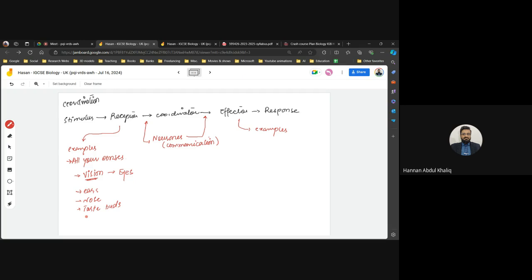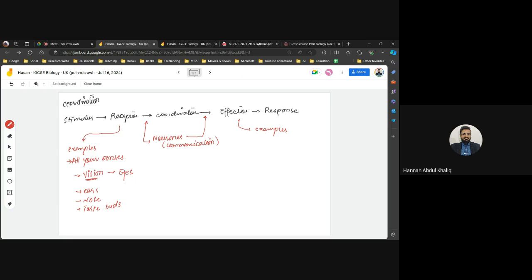Even we have some other chemical receptors. See, chemical receptor is a general terminology. Chemical receptors can be found at many locations in our bodies. Like oxygen receptors are also chemical receptors, water receptors, pH receptors, carbon dioxide receptors, taste receptors, even olfaction, the smell receptors are chemical receptors.